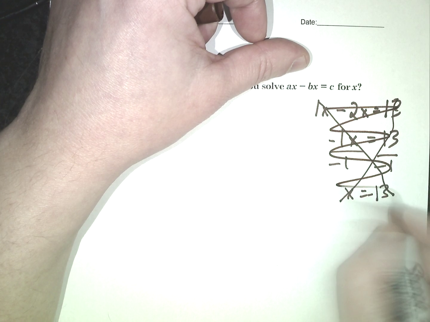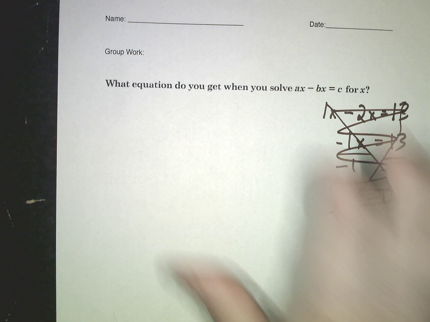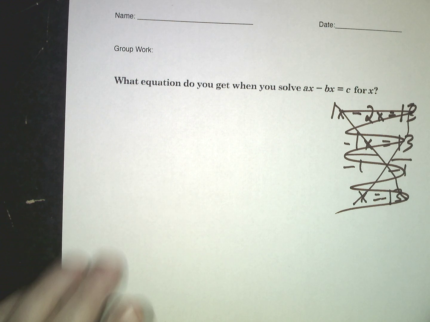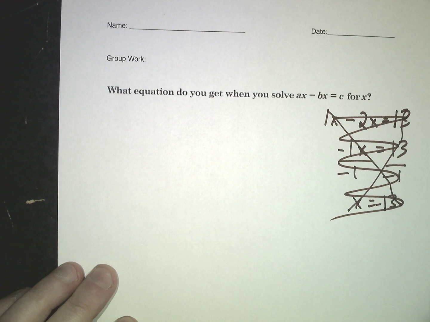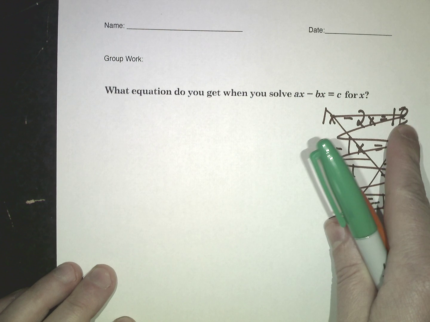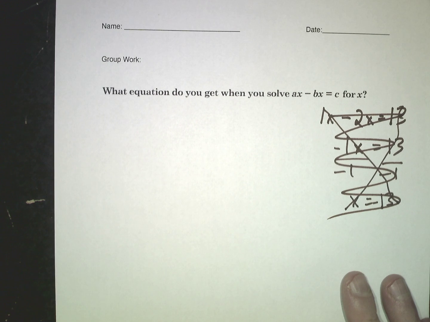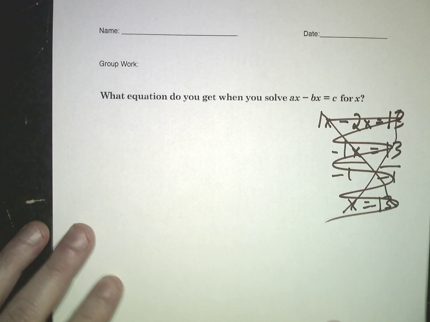That's not going to work. Okay? So, basically, when you're doing a literal equation, what you've got to do is say, well, I'm kind of doing the algebra for somewhere in the future. Now, if they gave me numbers, it'd be easy to solve, but they're not giving you numbers. Maybe sometime in the future, someone is going to give me what A, B, and C are, which is exactly what we're doing.